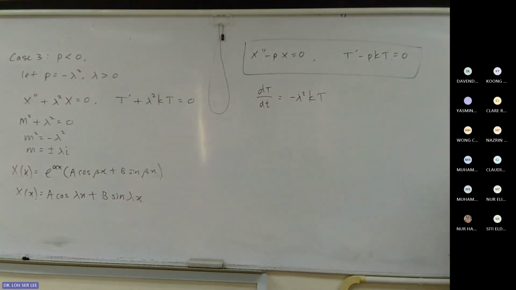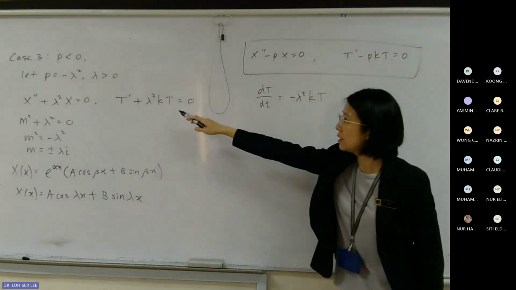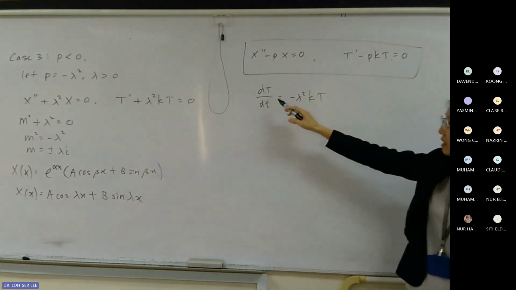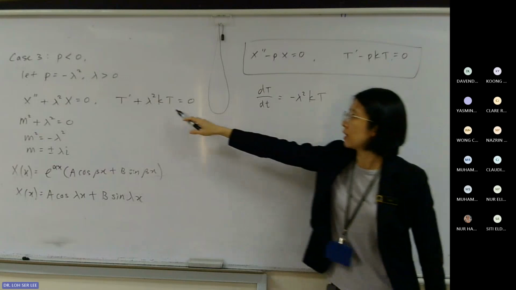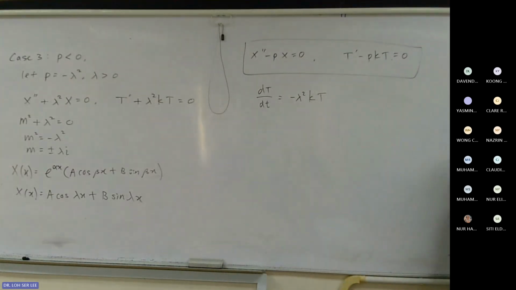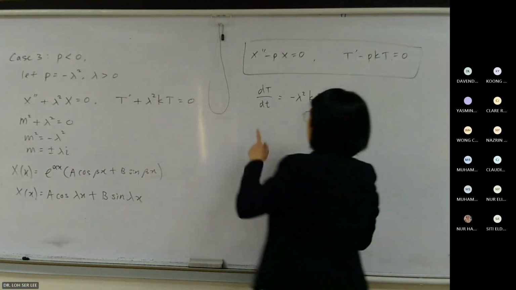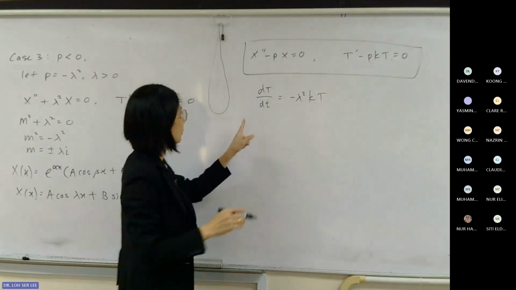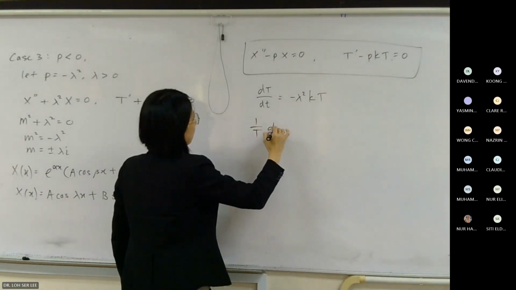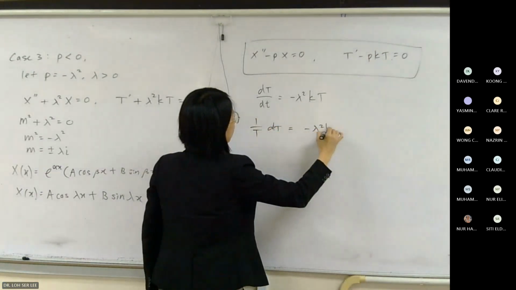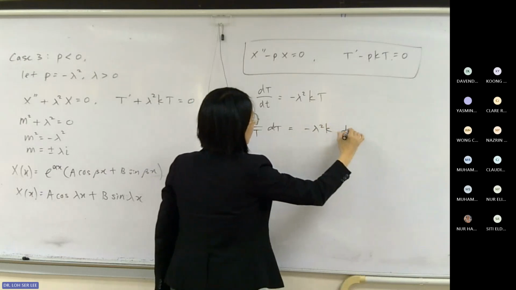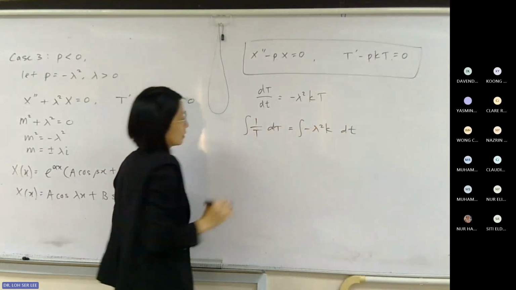Okay, for T it is a first order differential equation. So T prime we write as dT over dt, and this one we move to the right. T move to the left, dt move to the right, and you integrate both sides.